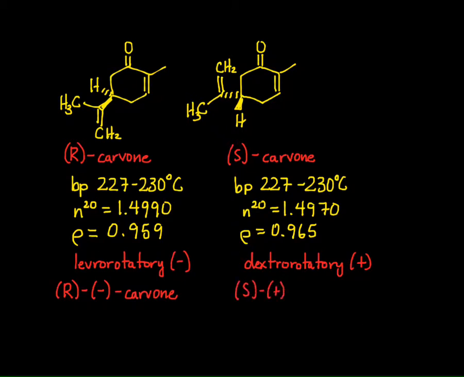And likewise, we can say S-(+)-carvone. So that minus and plus is a physical property of that particular enantiomer. Again, I can't stress enough, it is a physical property. You have to measure it. There's no way you can determine that on your own. But the R and the S absolute configurations you certainly can determine on your own.